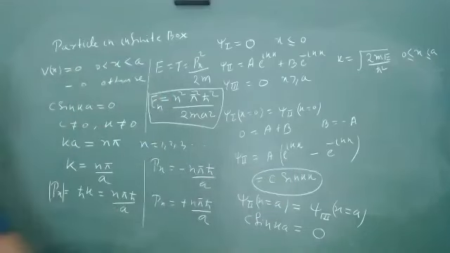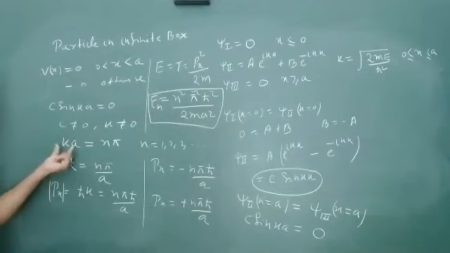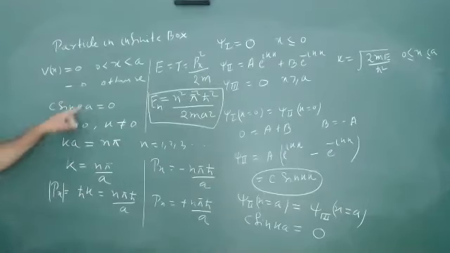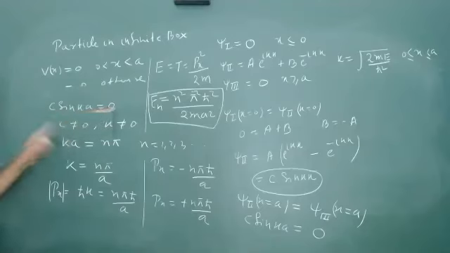We want some finite value. We want k equal to nπ, but we don't want k equal to 0. We want sine k equal to 0, but at the same time I don't want k equal to 0.